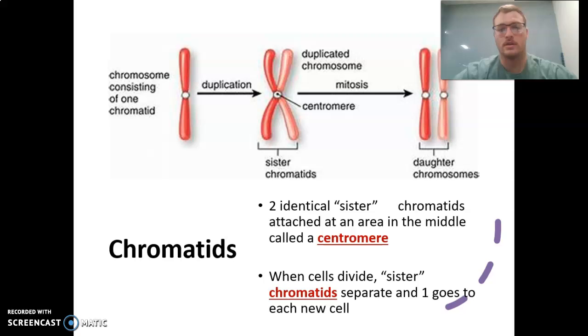During mitosis, the chromatids are split apart, and then the chromatids are in two separate daughter cells. Two identical sister chromatids attach at the area in the middle, which is the centromere, and then the cell divides. The sister chromatids separate, and one goes into each of the new cells, like I explained.